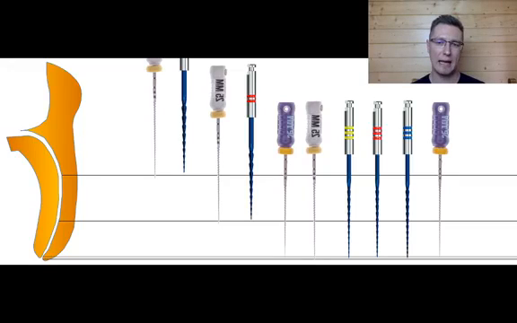And I throw it away when the flute of the file is screwed or unscrewed, and it's not similar to the new file. If I have any doubts, I take a new file from the blister and I compare it. When they look the same, I reuse it. If they are not looking the same, I throw it away. So this is very good indication.